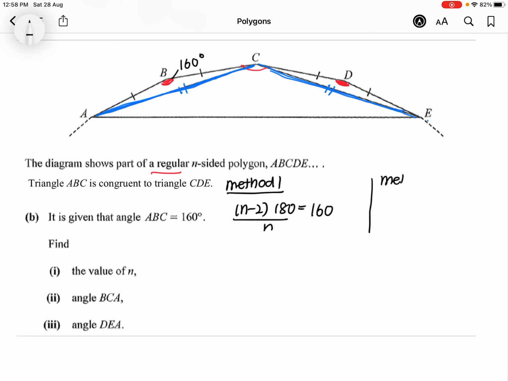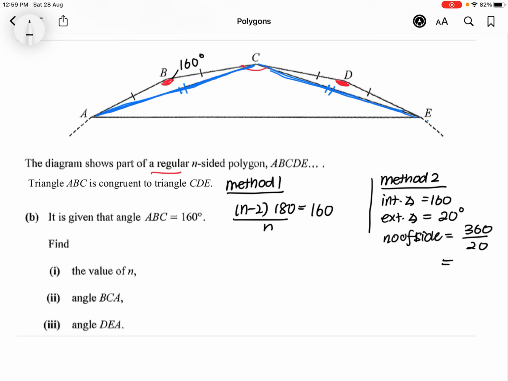Or method 2, using the interior angle of 160, the exterior angle will be 180 minus 160, which gives you 20 degrees, and the number of sides will be 360 divided by 20, to give me 18 sides.